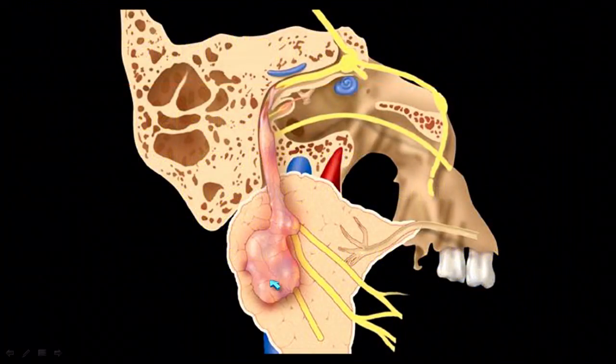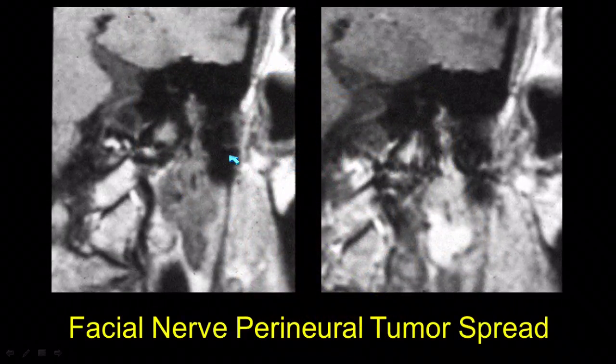So here's a graphic where we have a lesion within the parotid, and we see extension along that descending mastoid segment up towards the posterior genu. And here's a nice correlating case. Coronal T1 pre-contrasted and post-contrasted. We have a pathology within the parotid, extending right up through the stylomastoid foramen on that descending mastoid segment, a good appearance for perineural tumor spread from the parotid.